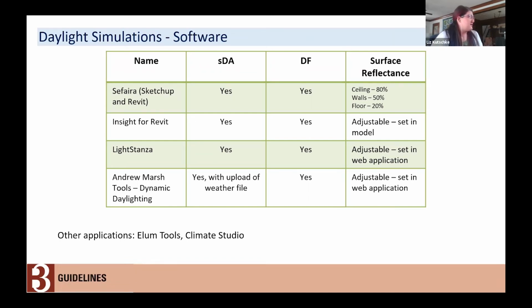Sapphira for SketchUp and Revit does both the spatial daylight autonomy and daylight factor. The daylight factor reporting is not as clear in Sapphira as it is in some others. It does require a bit of math, and again, we'll have some support documentation on that. Sapphira also does not allow the user to change the surface reflectances.